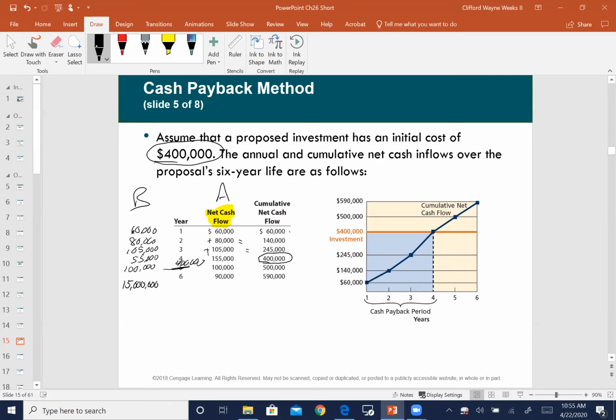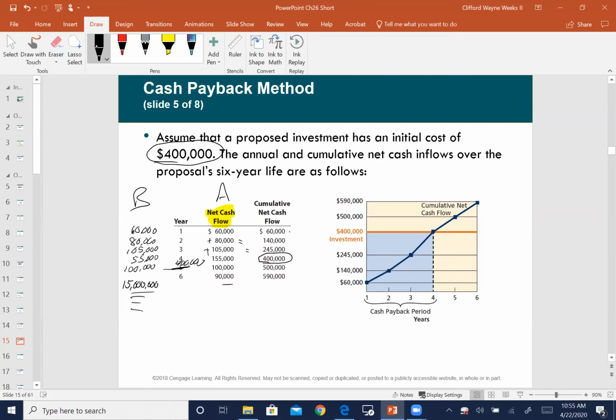If you followed the criteria for the cash payback method, you would still choose A because it paid for itself quicker than option B. However, option B has a huge 6-year payout compared to this.